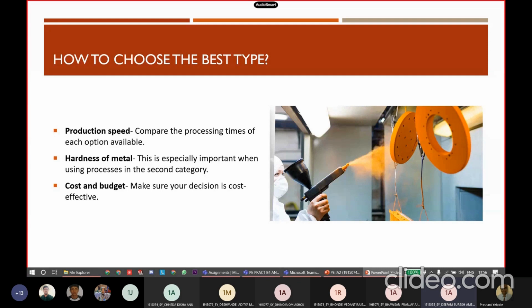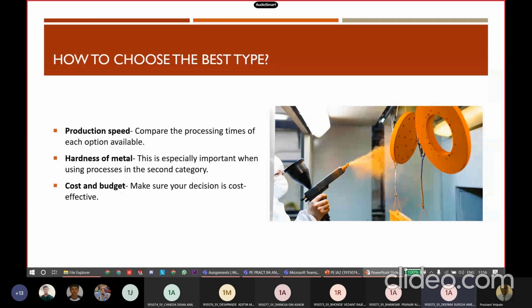You have to keep in mind when you have to deliver the part and give the finished product to the next process, for assembly or for sale. So you have to compare the processing times of all the options available.